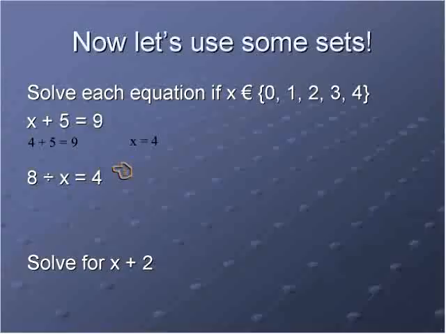Let's go to our next question. 8 divided by x is equal to 4. We can start plugging in numbers for x. We know that x has to be one of these 5 numbers. That's what this is telling us. So let's plug in 0. 8 divided by 0 is, well, we can't do that. 8 divided by 1 is 8. 8 divided by 2 is 4.